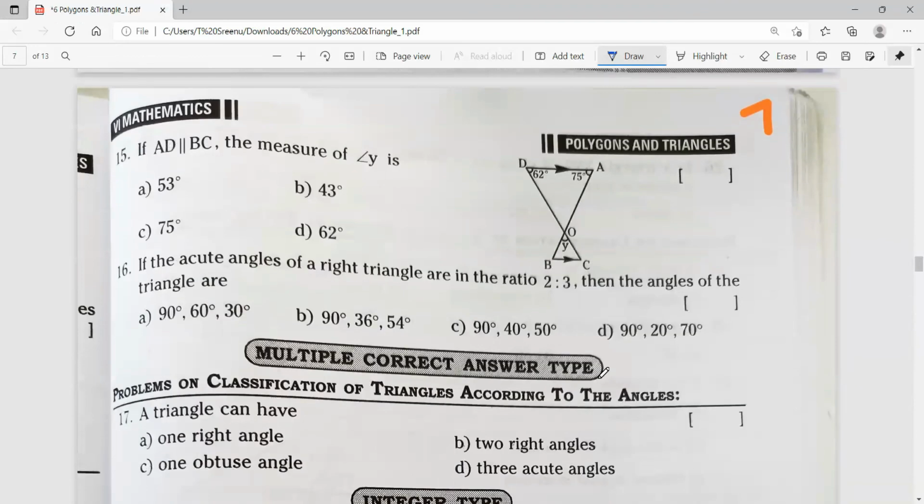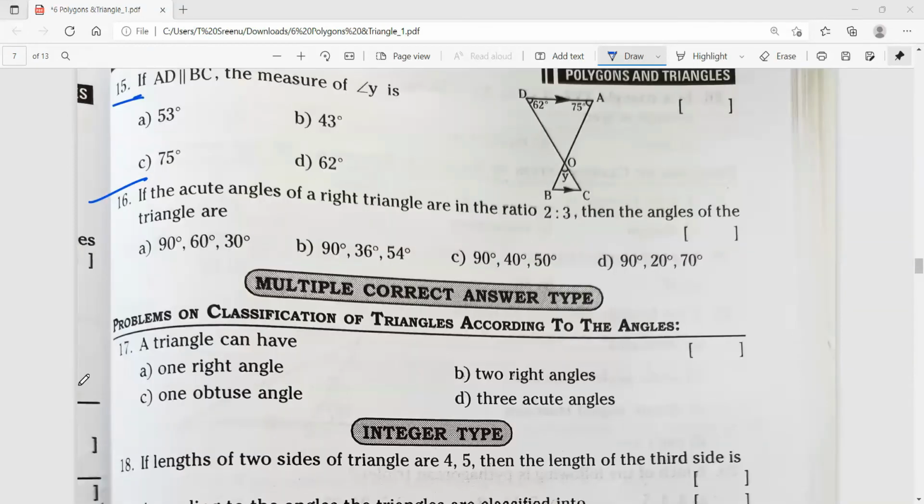Please check this. Once you try 15 and 16, I'll explain within 2 minutes. Okay, let us see now. AD is parallel to BC. These two are parallel lines, right?